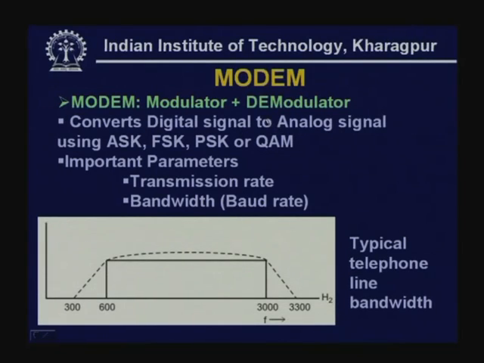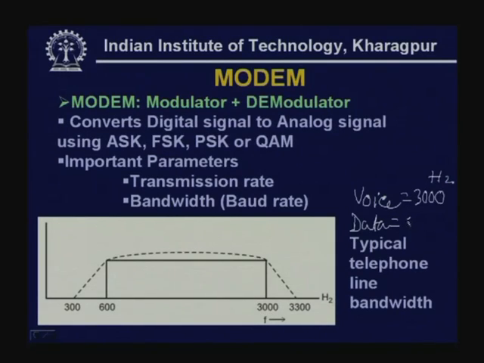And let us consider the bandwidth of a typical telephone line. So, here we find that the bandwidth for voice is 3300 minus 300, so 3000 hertz, but for data the bandwidth is restricted, that means it is 3000 minus 600.